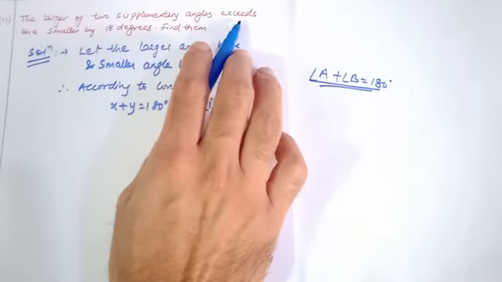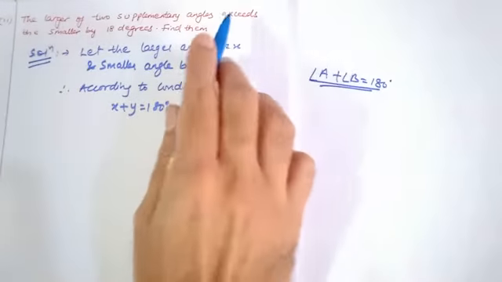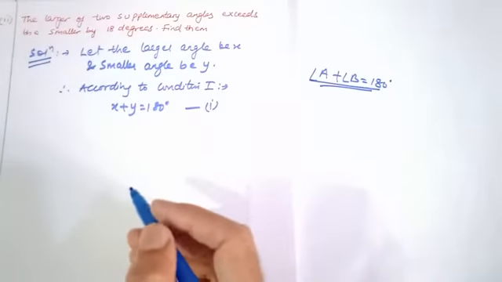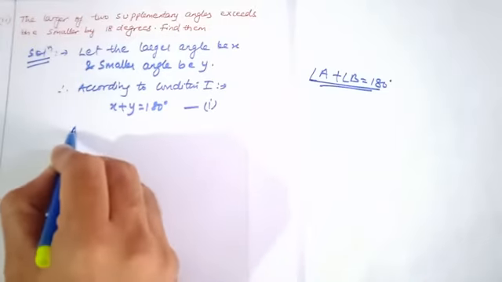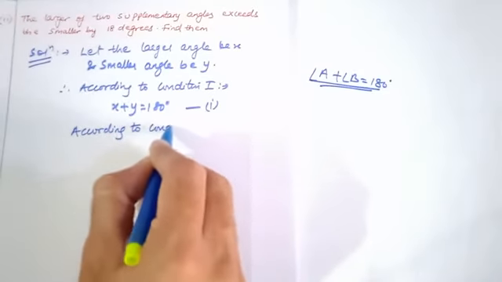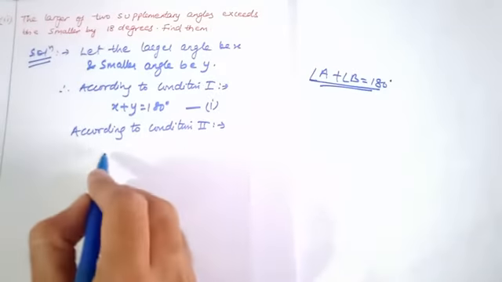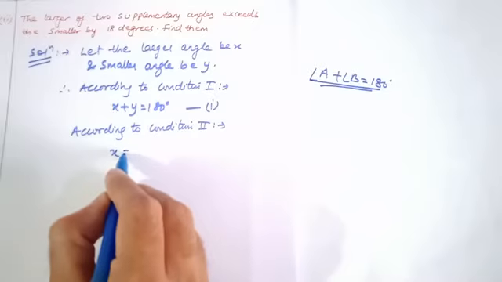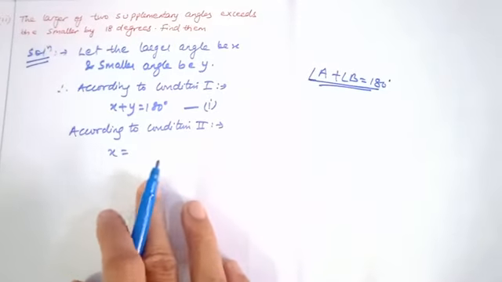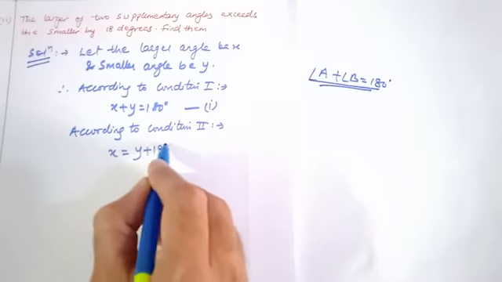Now the second condition is: the larger angle exceeds the smaller angle by 18 degrees. This means, जो larger angle है वो smaller angle से 18 degree ज़्यादा है. Is that clear? So according to condition 2, the larger angle x is 18 degrees more. तो अगर हम दोनों को इक्वल करना चाहते हैं, then we will add 18 degrees to the smaller angle.